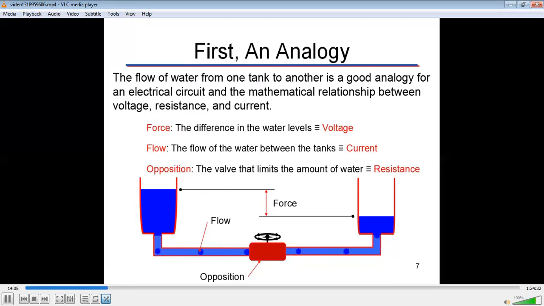Flow of water between the tanks can be said to be the current. Opposition, the bulb that limits the amount of water, will not let the water flow freely, which is actually called resistance. This is a real life example to understand voltage, current, and resistance.